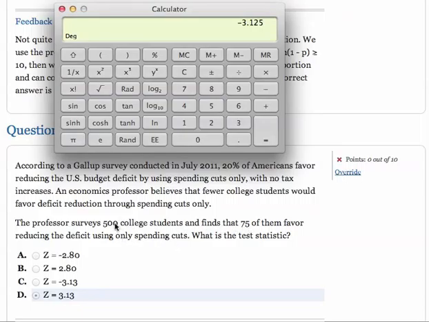I have 75 out of 500, right? 75 out of 500 is 0.15, and that's p-hat. Then it's p-hat minus p divided by sigma. 0.15 minus 0.2, and then divide that by the sigma, which I thought was 0.016.